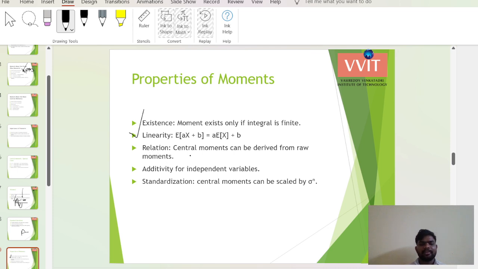Next, the relation: central moments can be derived from raw moments. The next point, additivity for independent variables. The last property is standardization. The central moments can be scaled by mu n.